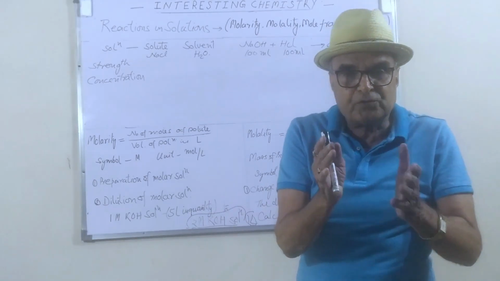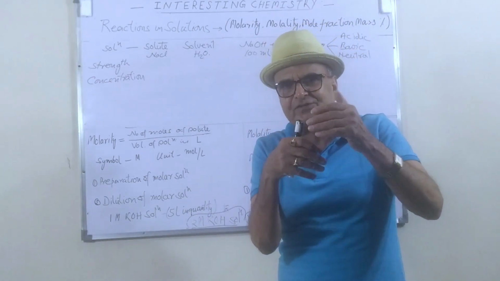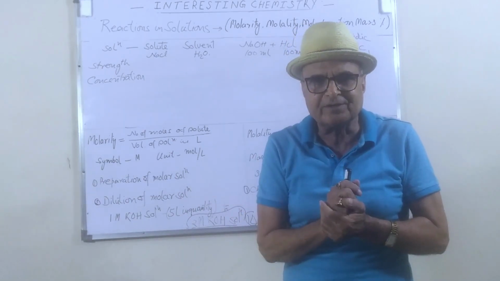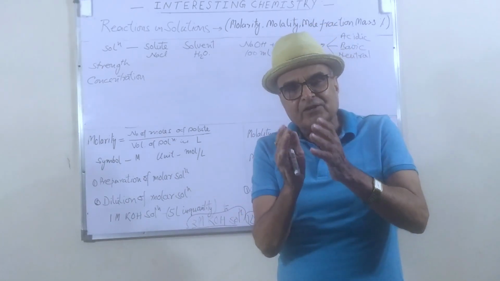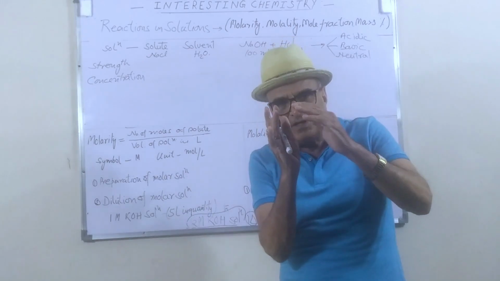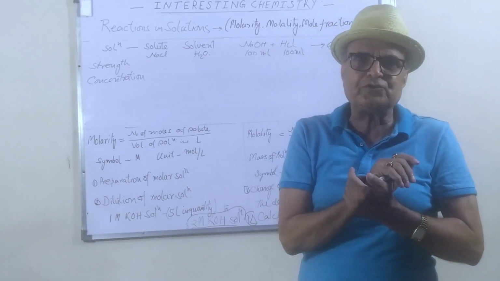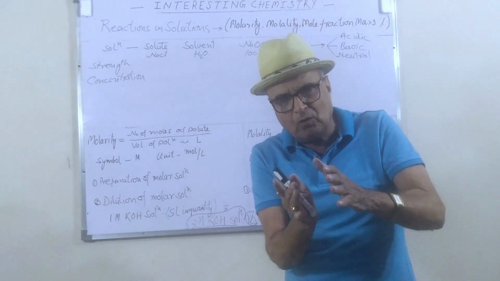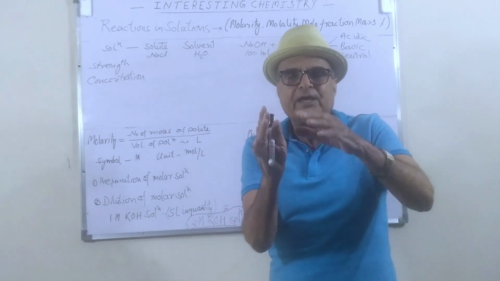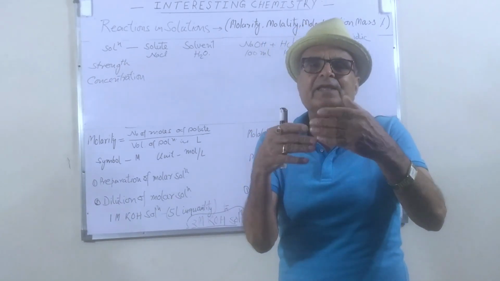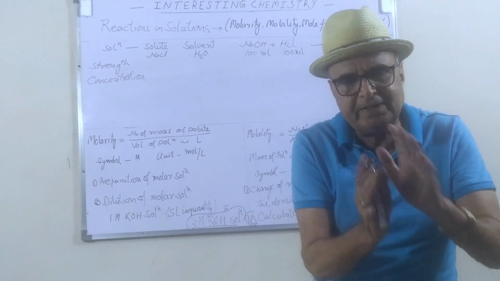So we should know about the strength of the solution, and the strength of the solution is related to the amount. If you take the amount more, then the strength will be more, and if you take the amount less, the strength of the solution will be less.